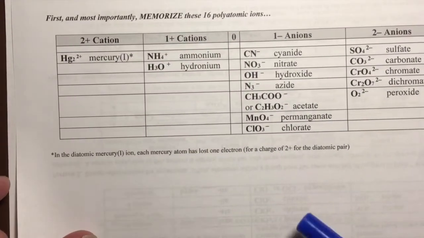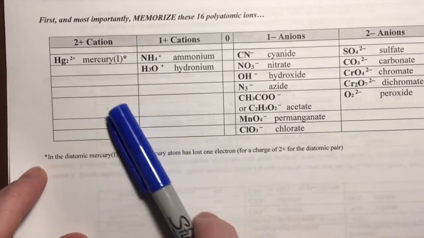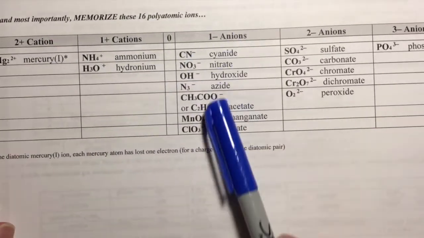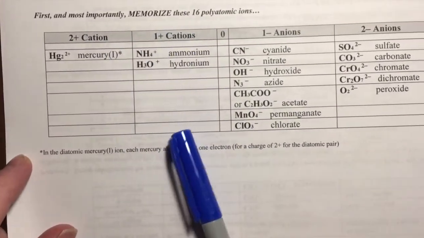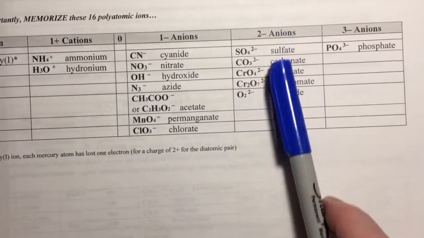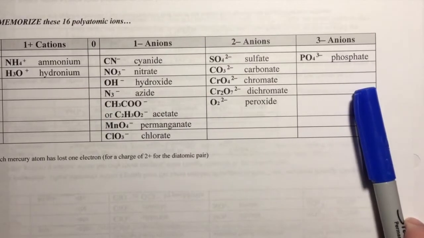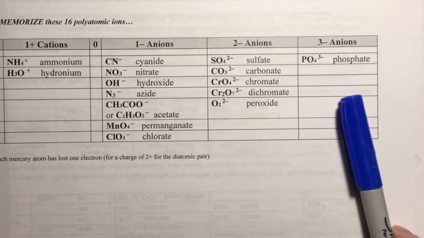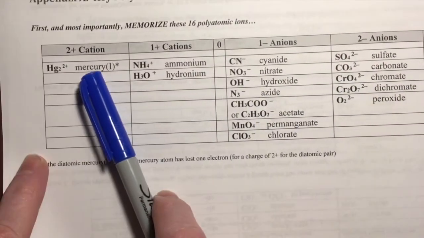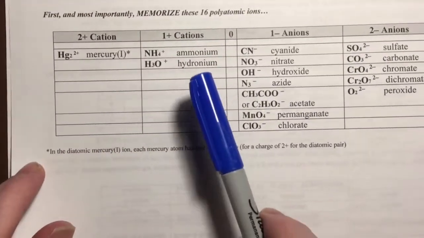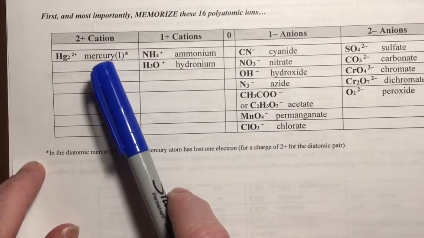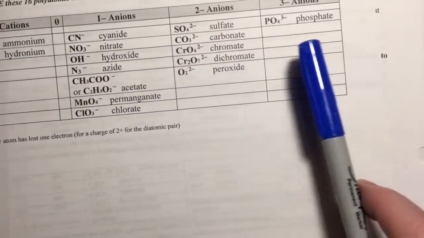So the first thing I want to point out again is something that I've told you before. These polyatomic ions, these fundamental 16, are arranged in columns, and the columns correspond to their charges. So one of the ways that this can help you memorize them is that you can color code these ions in your flashcards or when you're writing them, and the colors can then correspond to the charges.